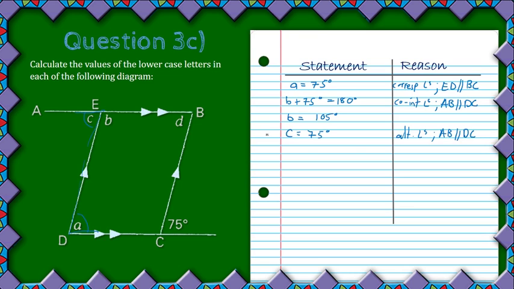Okay, then finally we've got D. Now D also is an alternate angle with this angle over here. So they are equal to each other. So therefore D is equal to 75 degrees, alternate angles, where AB is parallel to DC.